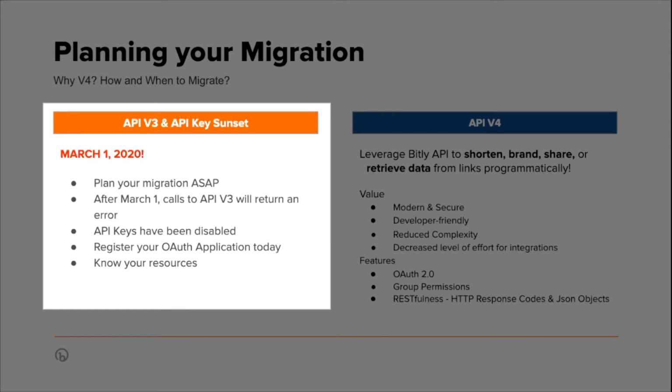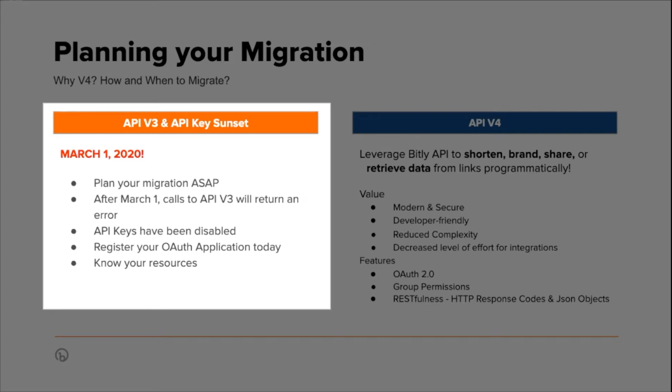We have also disabled API keys. If you've noticed in the application, when you go to retrieve your API key, there has been an in-app message for the last few months announcing the deprecation. We will be formally disabling the ability to acquire these keys as part of this sunset.